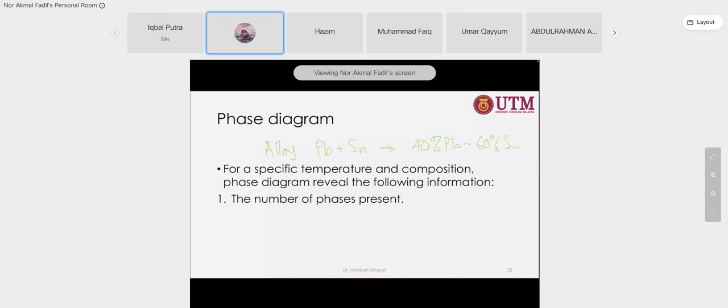For this alloy, at a specific temperature, let's say you set the temperature at 200 degrees Celsius, you can get this information.